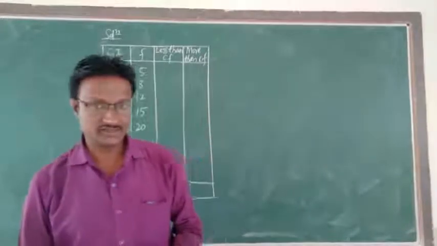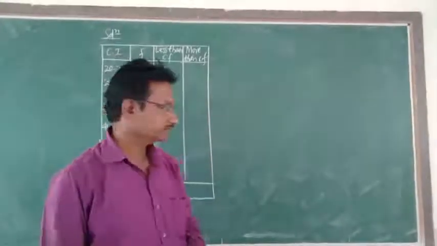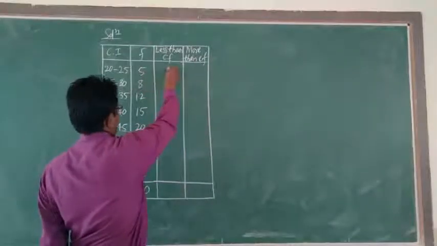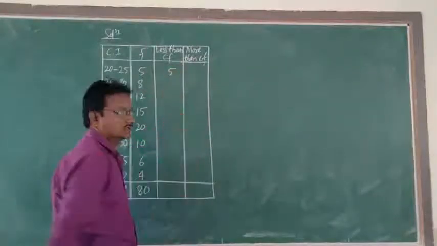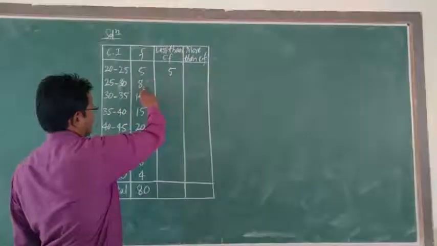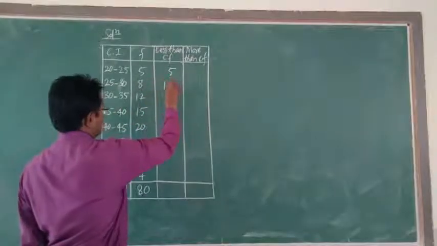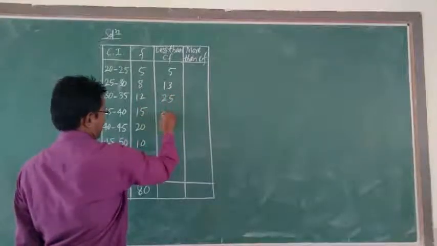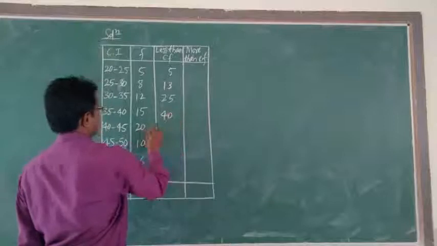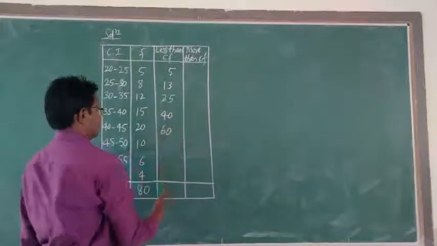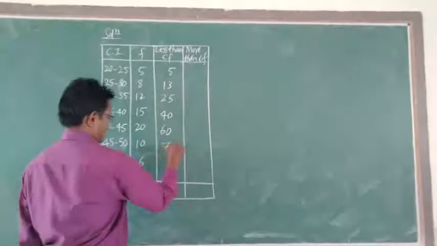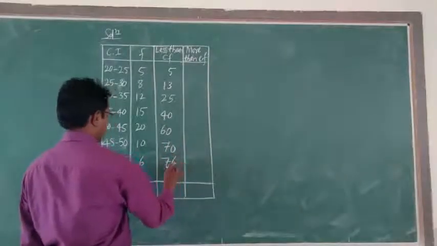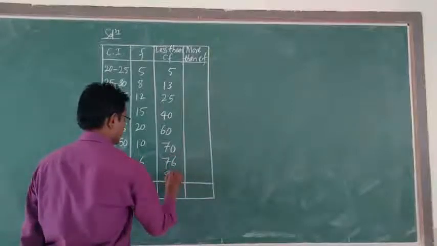When frequencies are added we get cumulative frequency. So the first 5, the total is 5. Next 5 plus 8, 13, 13 plus 12, 25, 25 plus 15, 40, 40 plus 20, 60 plus 10, 70 plus 6, 76 plus 4, 80.